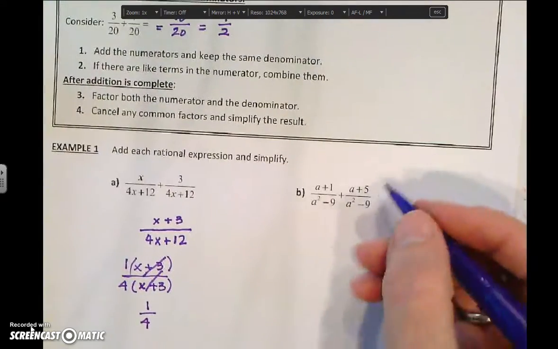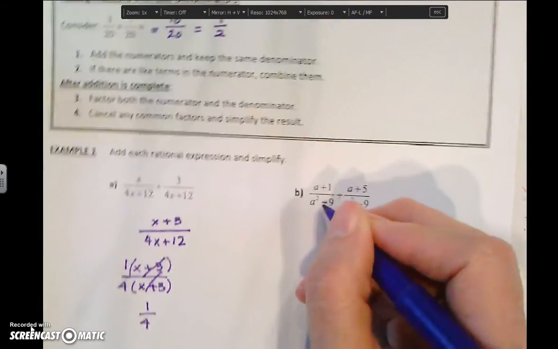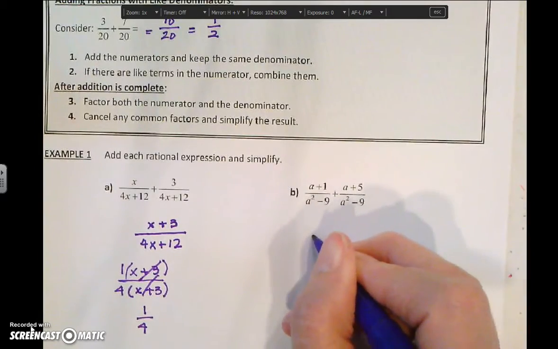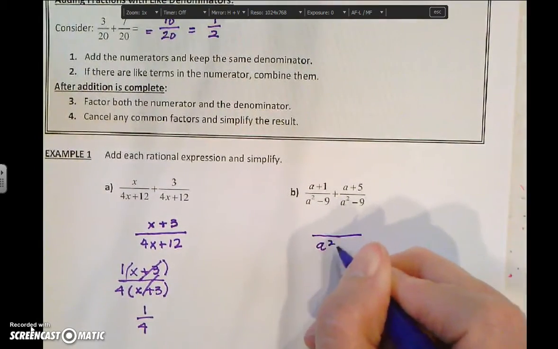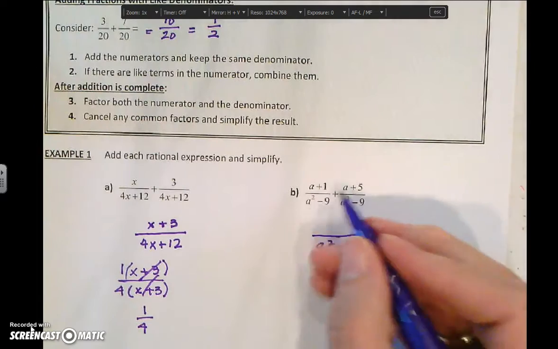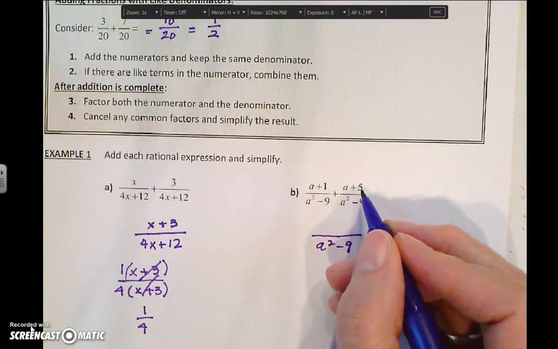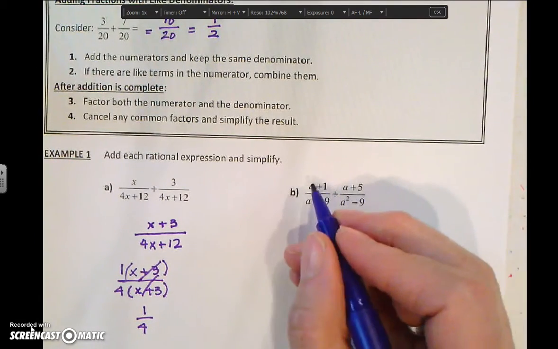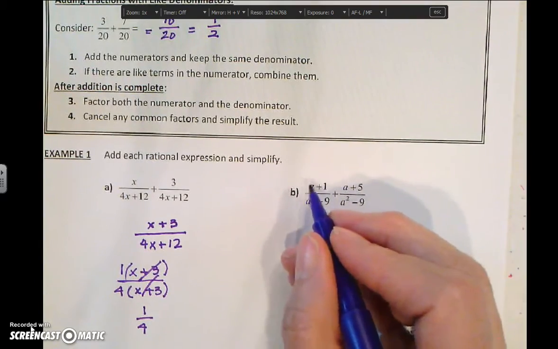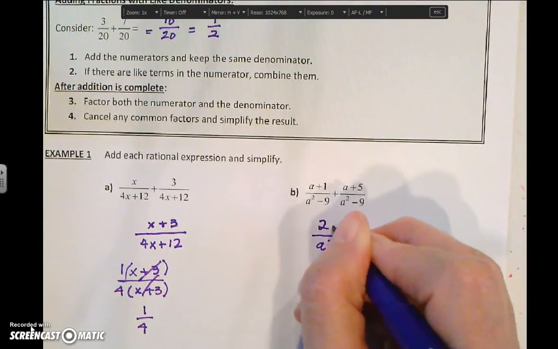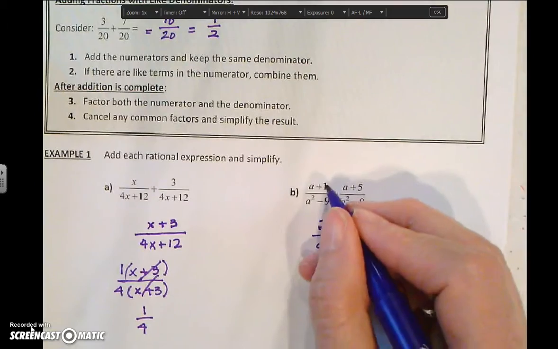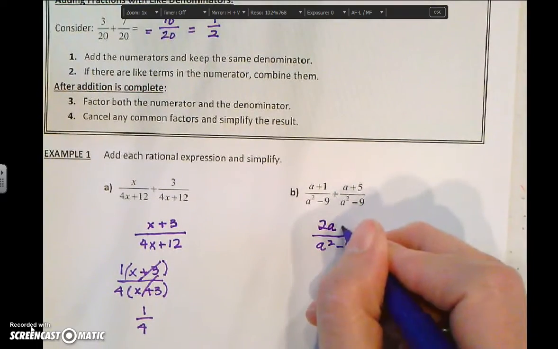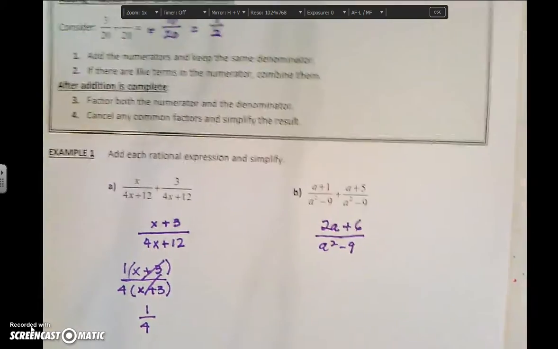B, here we have the same denominator, so we can add them. So a squared minus 9, we're going to keep the denominator, and now we're going to add the two numerators together. I can combine my a's. I have a plus a, that's going to give me 2a, and 1 plus 5 is going to give me 6.